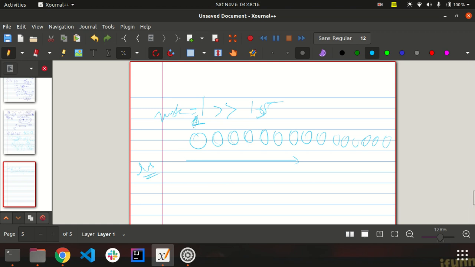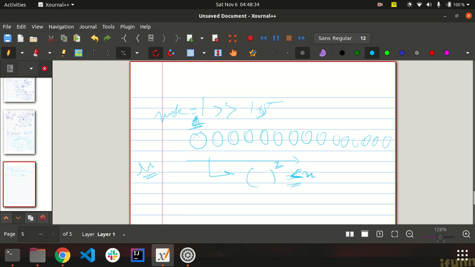So let's say we fill 1 in the first position and check whether this number's square is less than or equal to n or not. If we get this, then we are good to go.